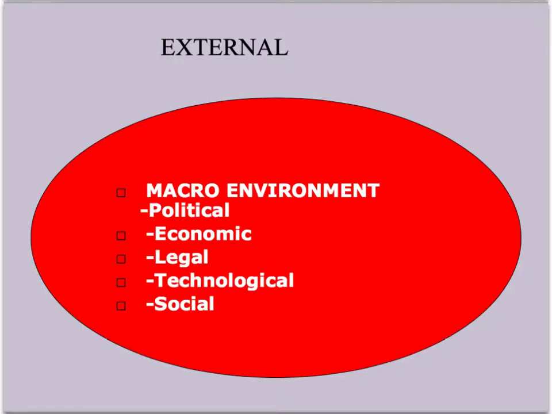Well, let's have a look at the external environment. I've already said that the external environment consists of the macro and the operating environment. Well, let's have a closer look at this macro environment. It consists of 4 or 5 major pressures, and the best way to remember that is through the use of PULSE.